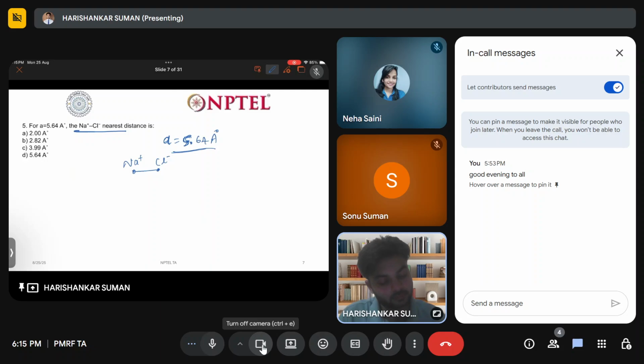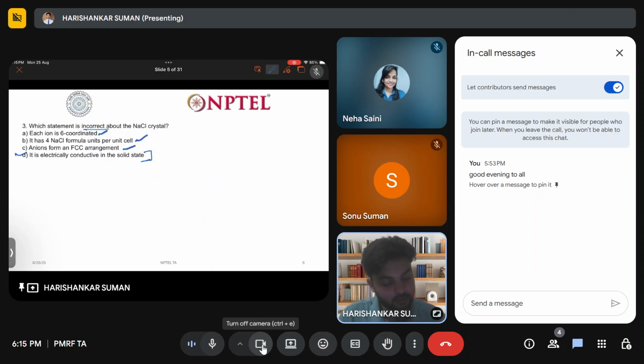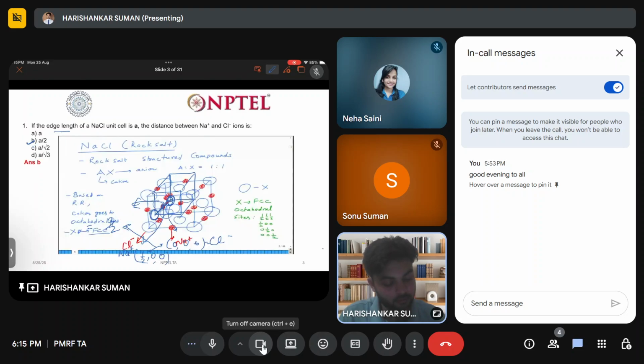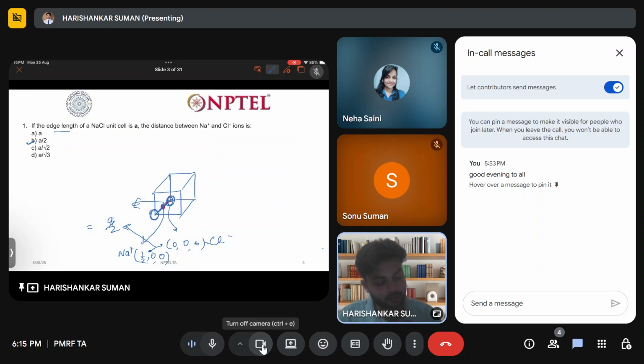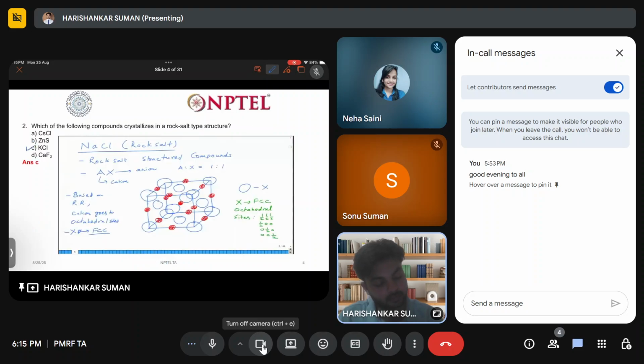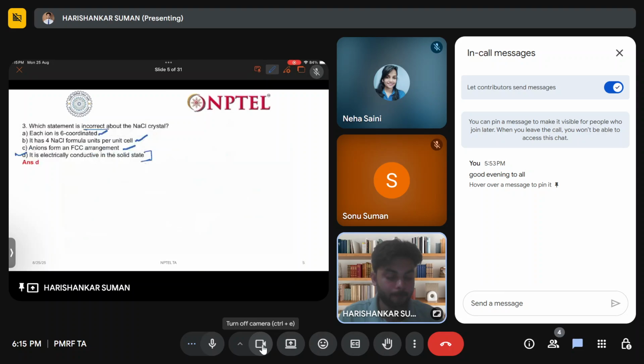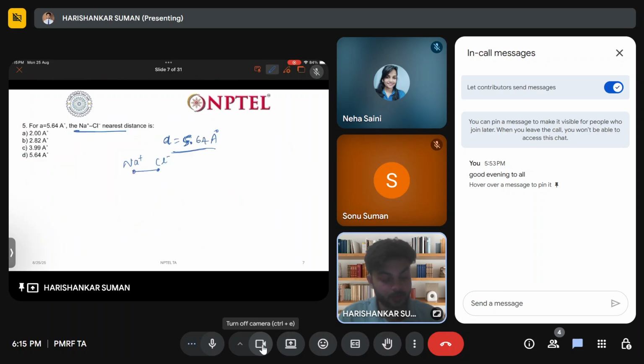Here, let me show you. Yeah, this is the distance a by 2. As we know, this is the radius of, let's say, Na plus and Cl minus will be a by 2.